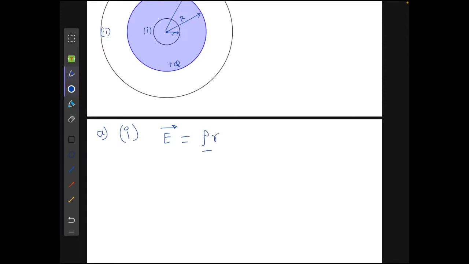will be equal to rho r by 3 epsilon naught, and the electric field will be providing the necessary centripetal force. So e times rho r by 3 epsilon naught equals m v squared over r.